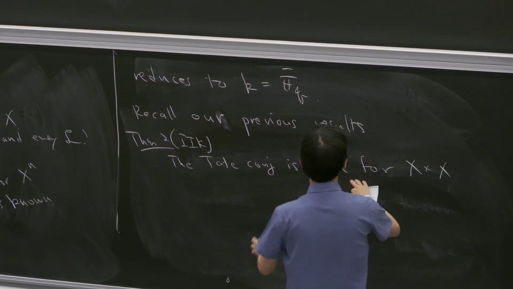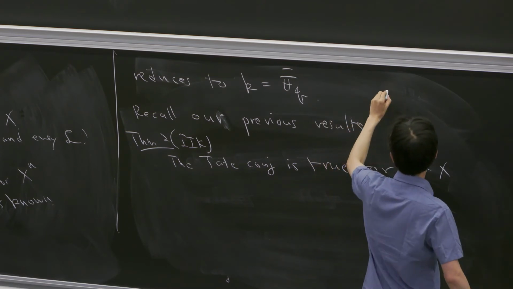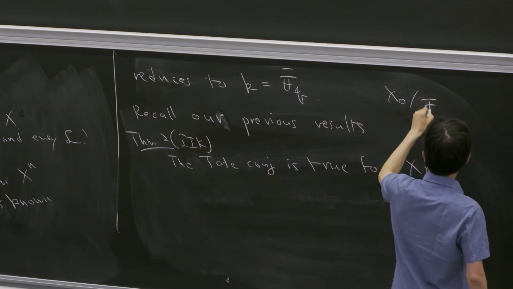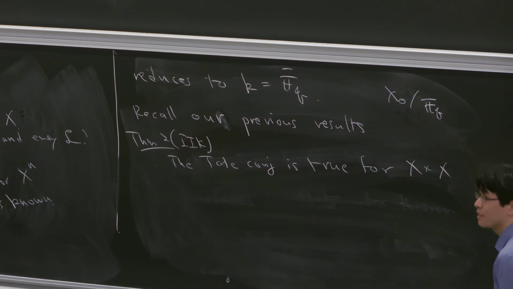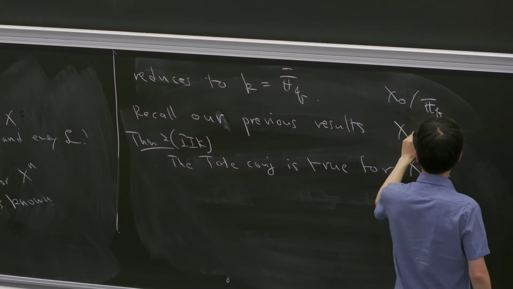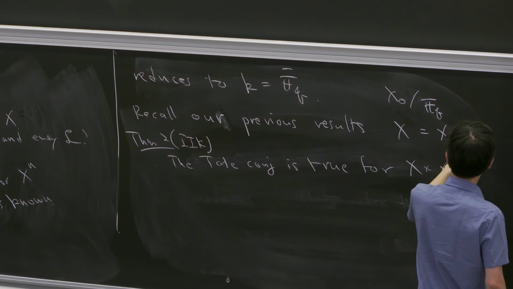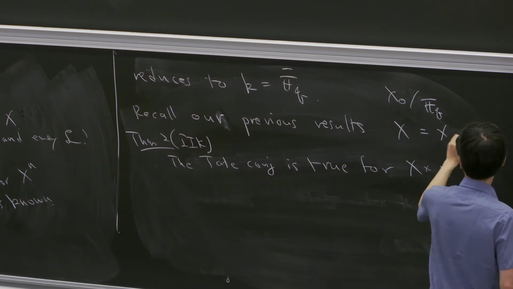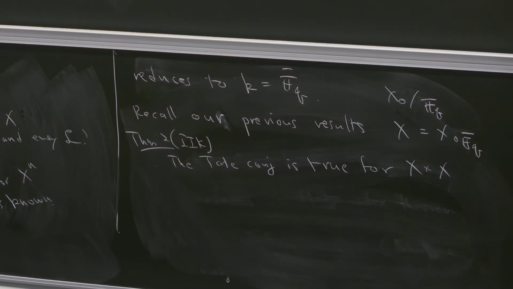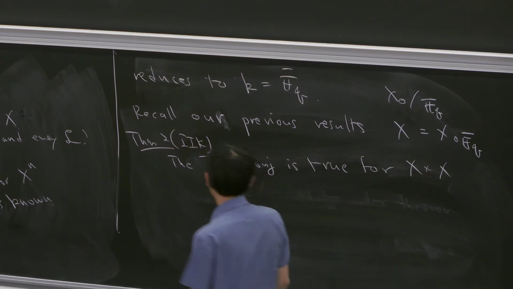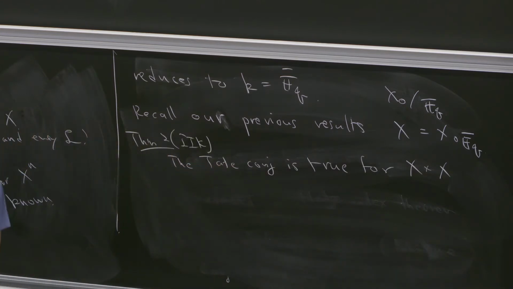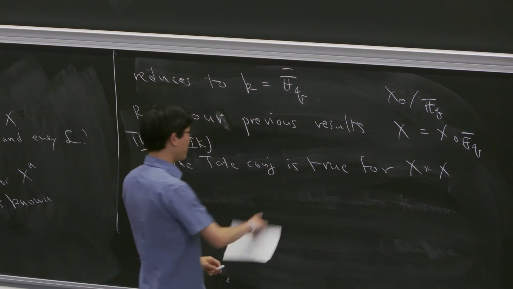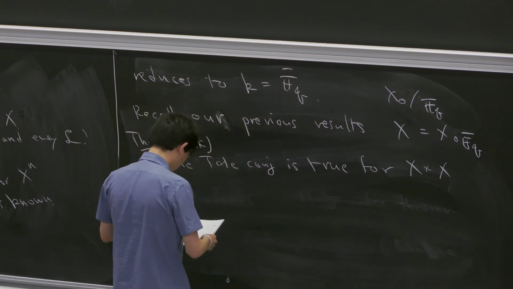Maybe, sorry, I should fix a variety over a finite field whose base change is X. So we can talk about the Galois action. Okay. So the Tate conjecture, let me recall the statement.